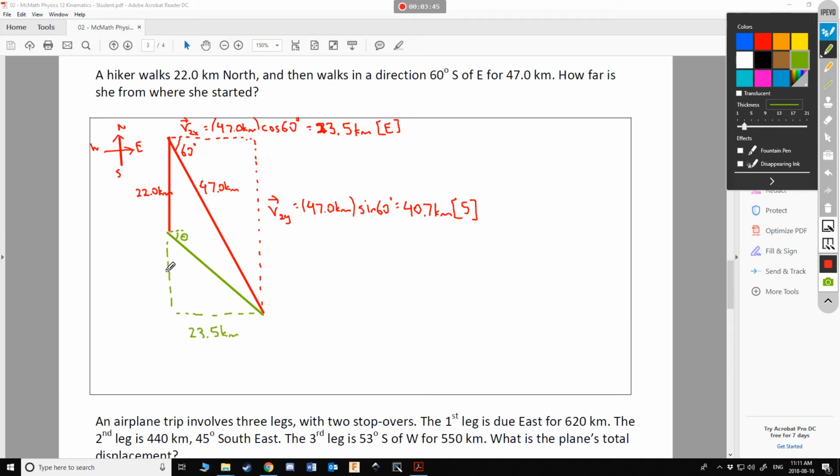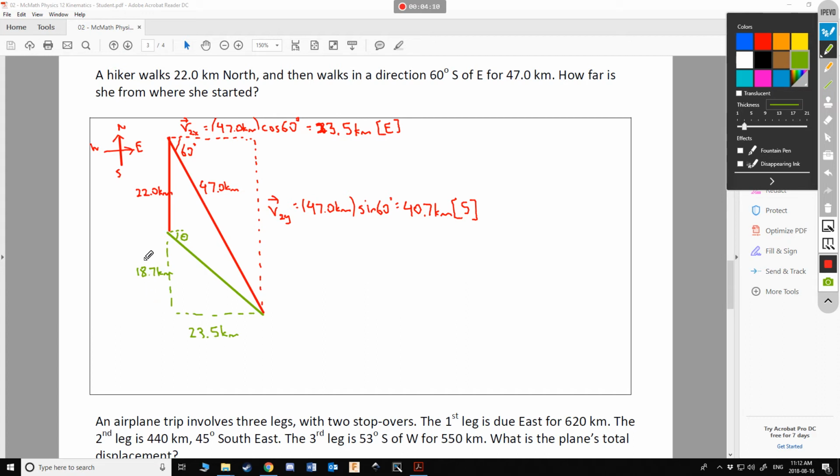This y component is the subtraction of these two numbers. We're going 22 up, but then 40.7 down. So 40.7 minus 22.0 gives us the length right here, which is 18.7 kilometers south. So we now have the x component and the y component.